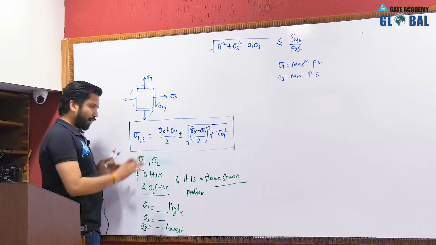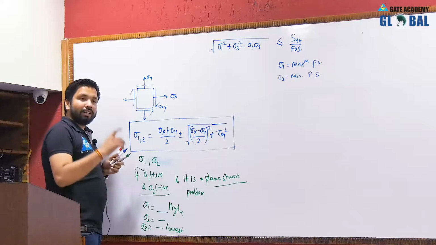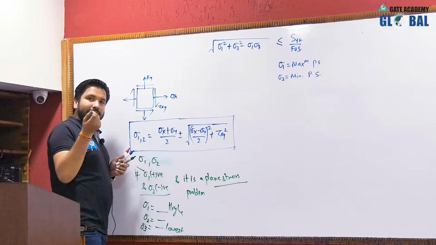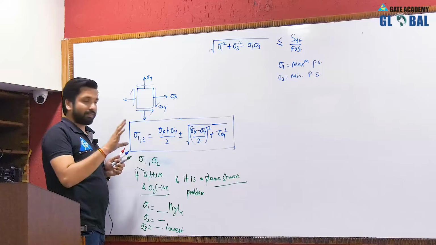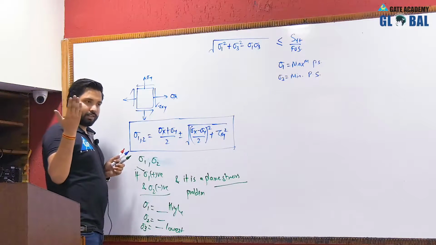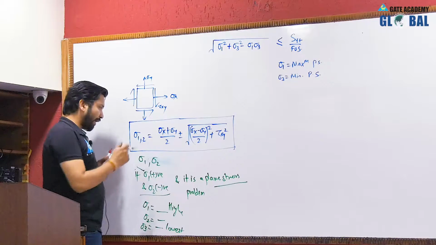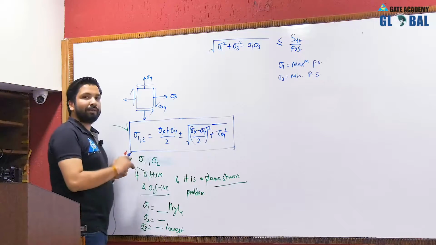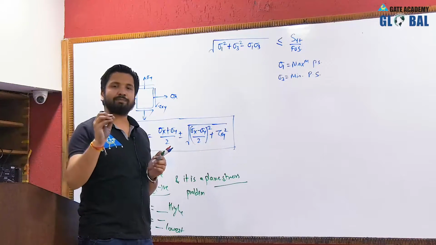Okay, but from this equation, if you are getting two positive values or two negative values, then the situation will be different, and that is discussed in detail in the lectures of chapter number 1. So just remember that this will not give you the greatest and the lowest principal stresses all the time. There is some foundation to it.